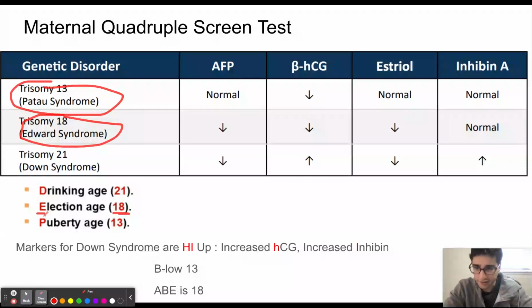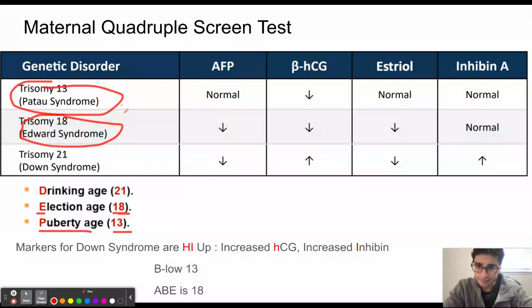So, you can remember Edwards syndrome for election age being 18. For trisomy 13, Patau syndrome, you can remember the mnemonic puberty age 13. So the P is going to be for Patau syndrome, and you can remember that Patau syndrome is trisomy 13 by remembering that puberty age is usually around the age of 13.